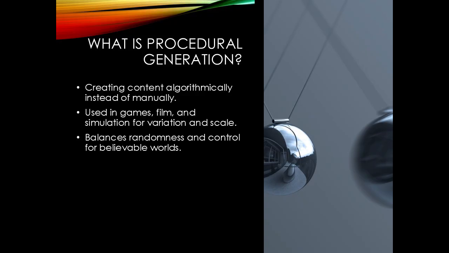Instead of modeling every building or placing every tree by hand, we design patterns and rules, and the system fills the world with variation. It doesn't remove the artist, it just shifts the role from manual placement to high-level design. This saves time, encourages experimentation, and lets us try dozens of ideas quickly.